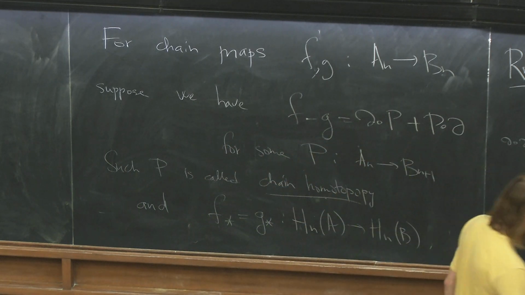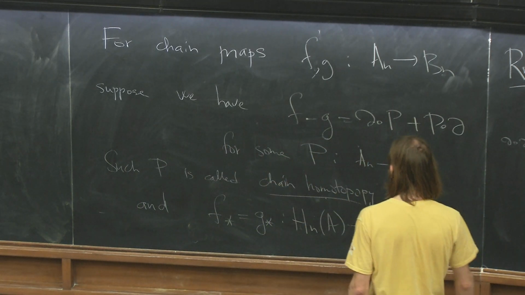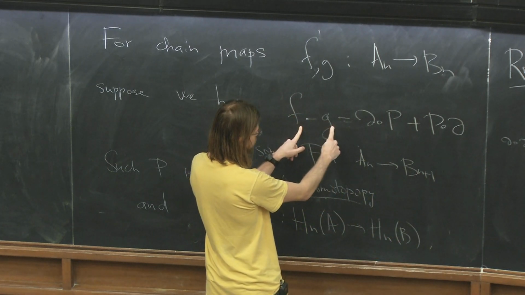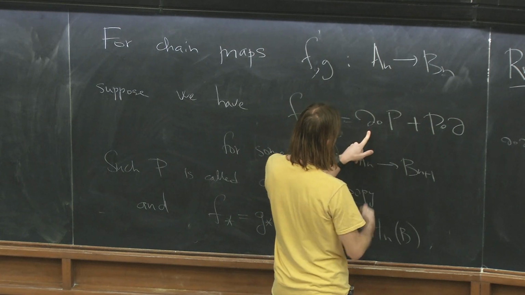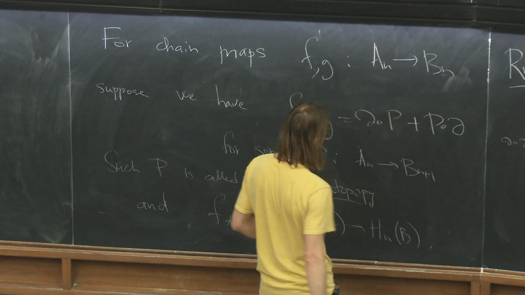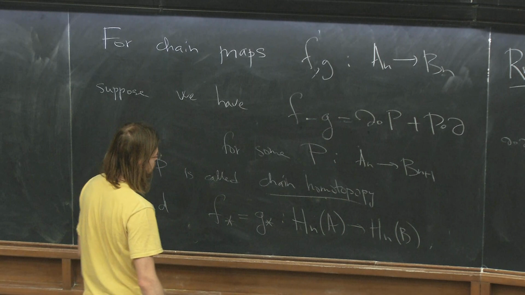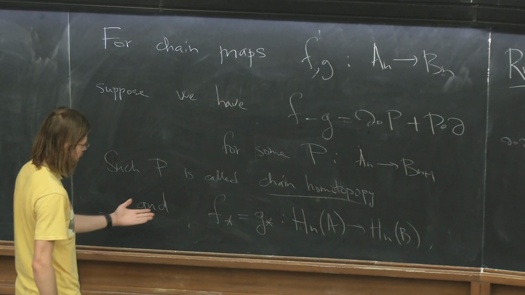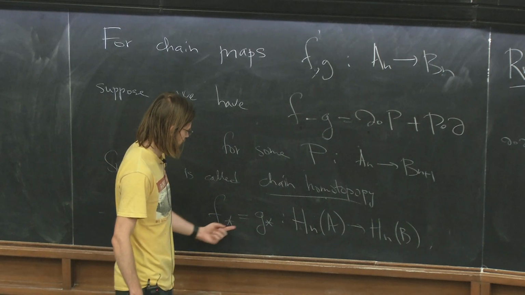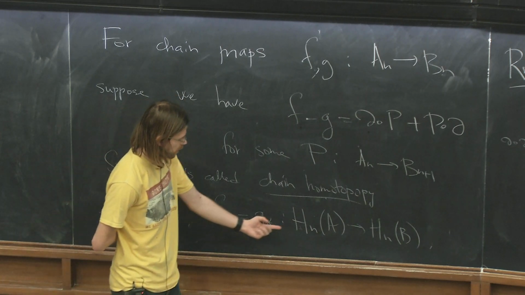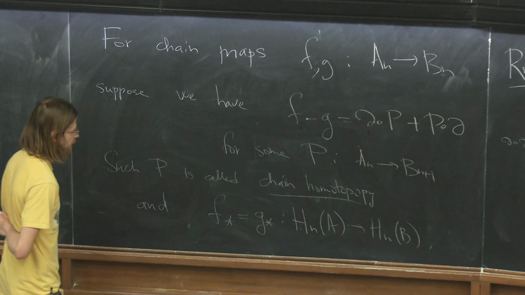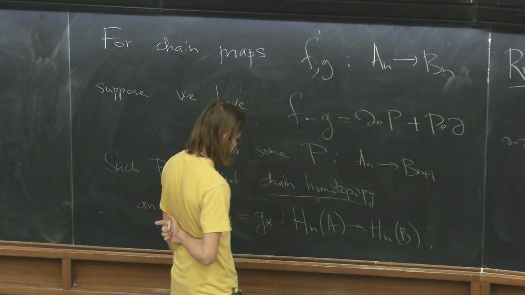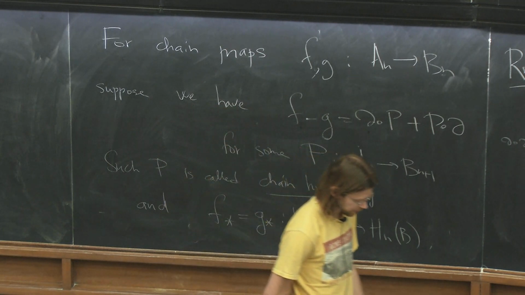Again, we did this in the case when, instead of F and G, we had F sharp and G sharp, and D was our boundary homomorphism, and P was our prism operator. And so once we arrived at this property, it was a pure algebraic consideration to show that the induced maps on the homology groups are just the same. So it works the same in these general settings.